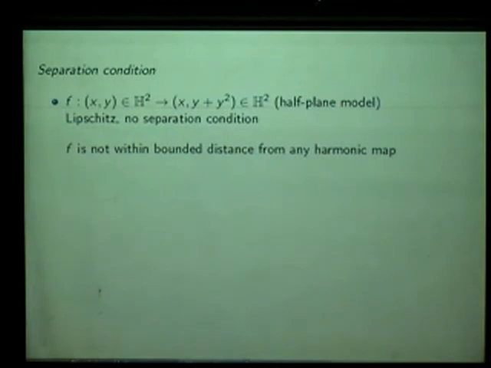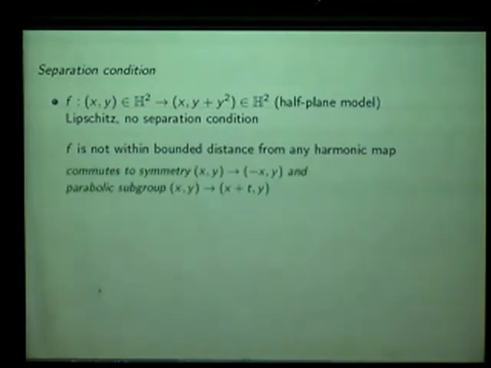So let's get to the proof, or sketch of the proof. Why this example? Because it will be simple to tackle, and why? Because it has a lot of symmetries. As you observe, F commutes to this symmetry and also to the parabolic subgroup that consists of translation along the real line.